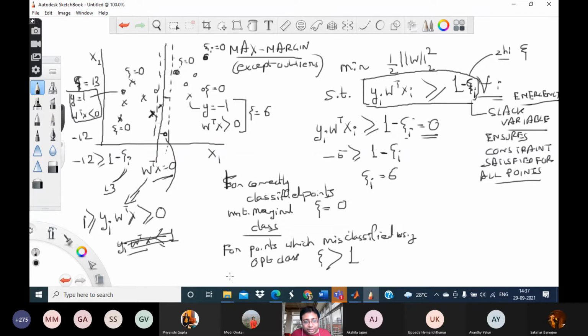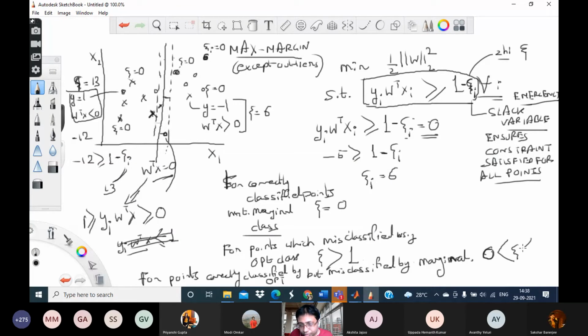So for points correctly classified by the optimal but misclassified by the marginal, we have xi lying in the range 0 to 1.